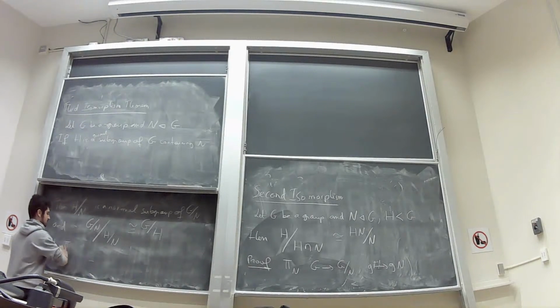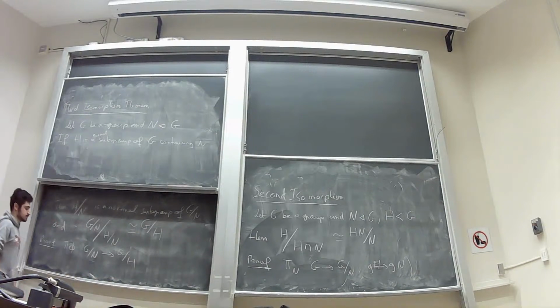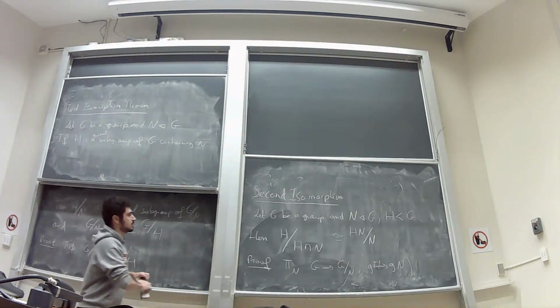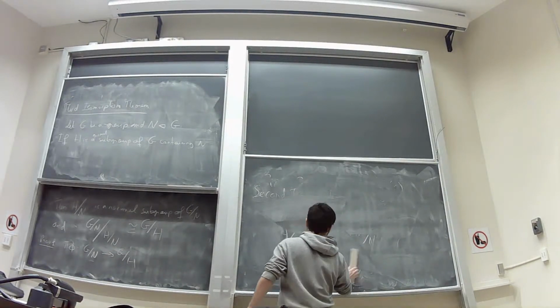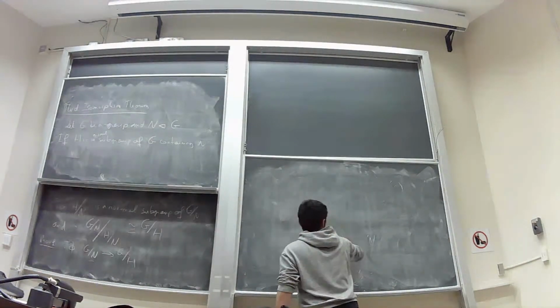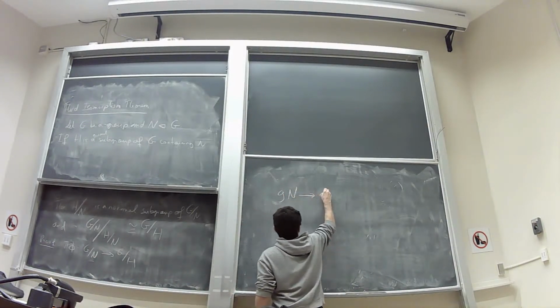Consider pi from G mod N to G mod H that sends a coset gN to a coset gH.